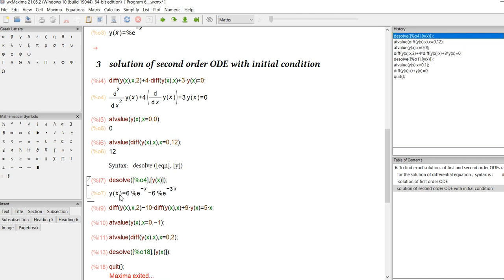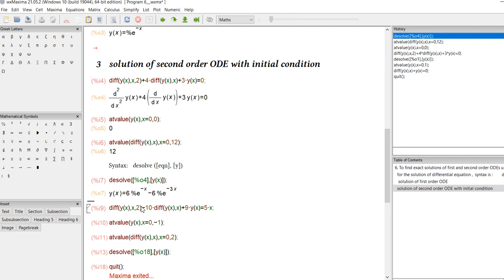So enter this one. The answer is 6 e to the power minus x, that is, the roots you get in this equation d square plus 4d plus 3. The answer is roots are -1 and -3 and your constants c1 and c2 obtained are 6 and -6.